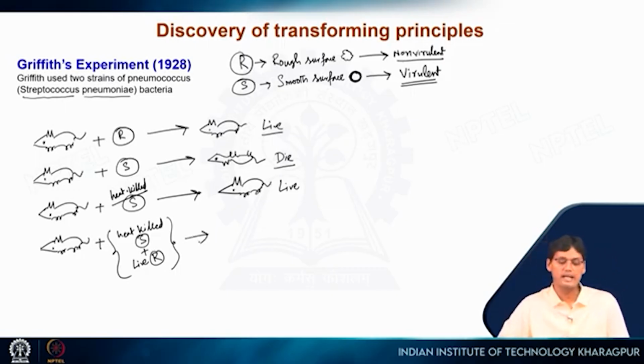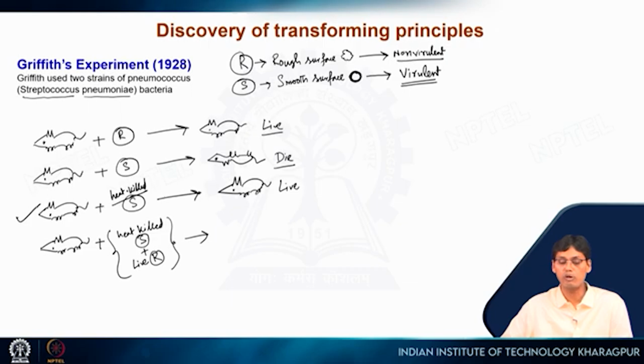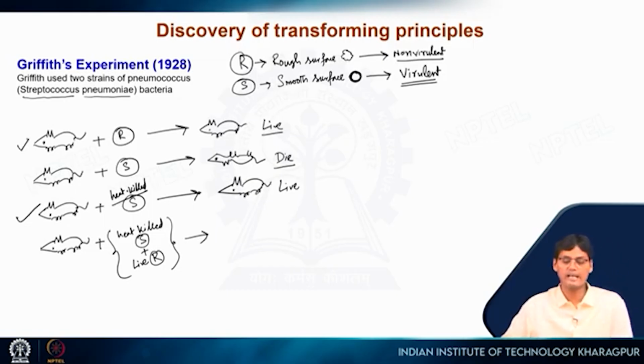The result was surprising, because individually the heat killed bacteria cannot cause the disease and the mouse survives. Similarly, the R strain alone also cannot cause the disease.